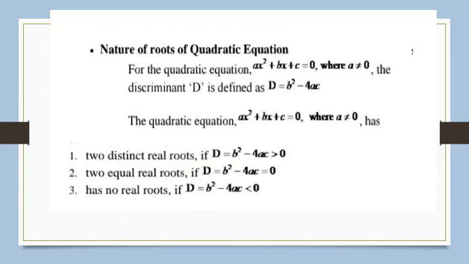The quadratic equation has two distinct real roots, means different, unequal real roots, when the discriminant d equals b square minus 4ac is greater than 0, two equal real roots when d equals 0, and no real roots when d is less than 0, means it is a negative number. So in this way we can find out the nature of the roots of the quadratic equation before solving it.